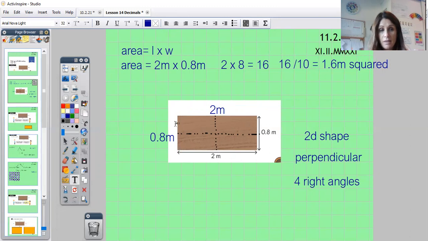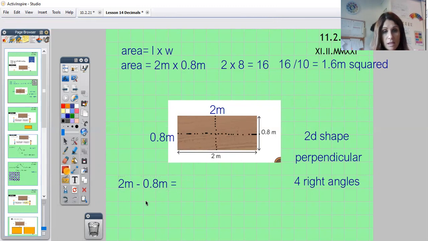So I'd add those together. And we're going to come in a minute to have a think about how we might work that out, okay? We might say, how much longer is the longest side than the shorter side? So we've got the longest side is 2 meters, and we might say I need to take away 0.8 meters from that to find out how much longer it is.